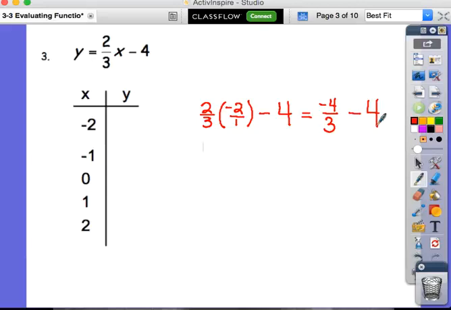Well, -4 over 3 as a mixed number would be -1 and 1/3 minus 4. What would that be? Negative and a negative, so you add them together. So it's going to be a -5 and a third. So come put that over here in your T chart.